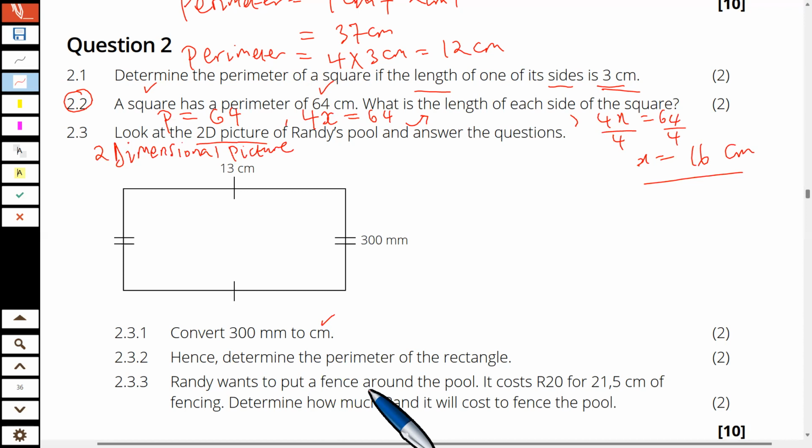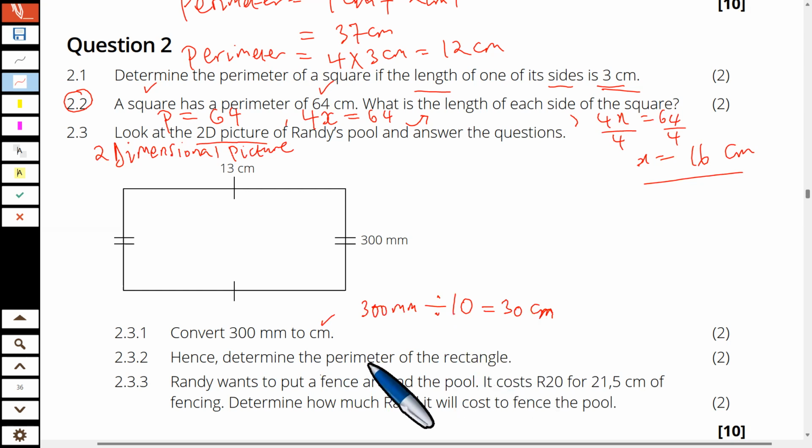Is it 30 centimeters? It's exactly 30 centimeters. So when you have 300 millimeters, you divide that by 10, and it becomes 30 centimeters. So to convert from millimeters to centimeters, you divide by what? By 10.